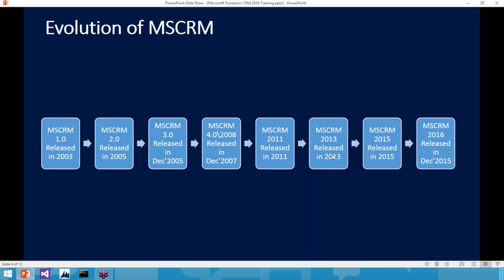So from 2013 to 2015, again, let me go back. From 2011 to 2013, there were a lot of cosmetic changes also. UI got changed completely. Until 2011, it was all pop-ups, a lot of windows that used to get launched from the application.